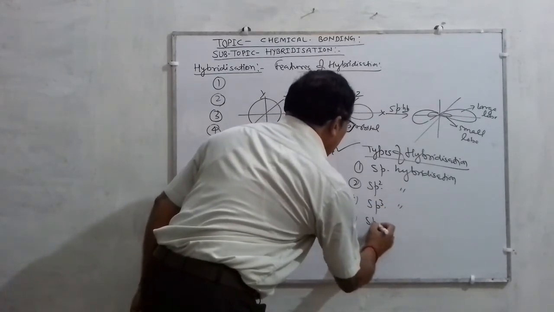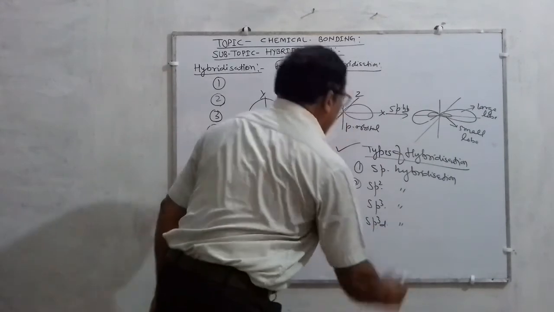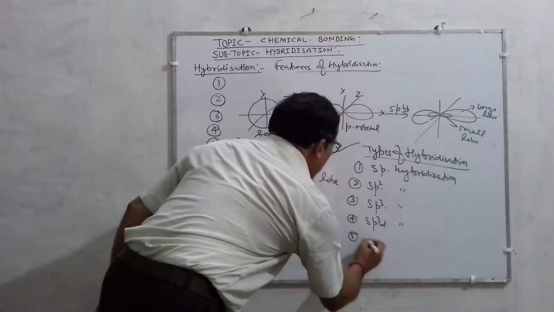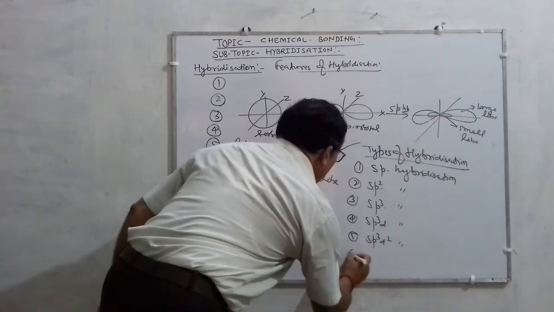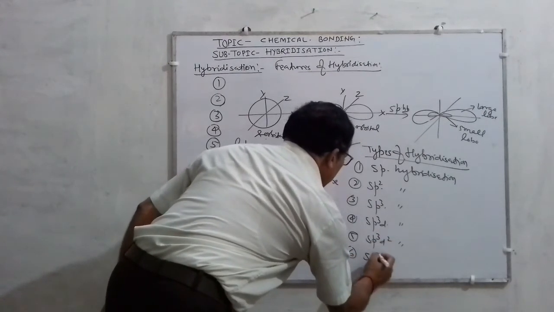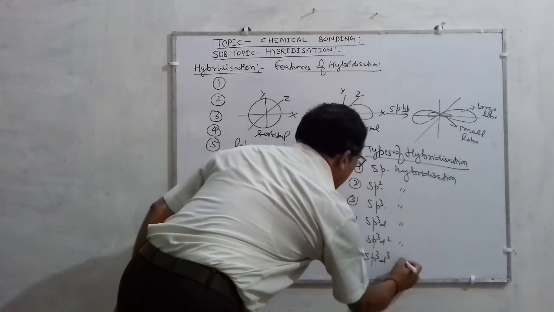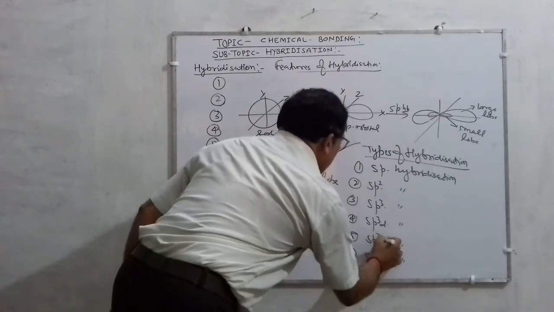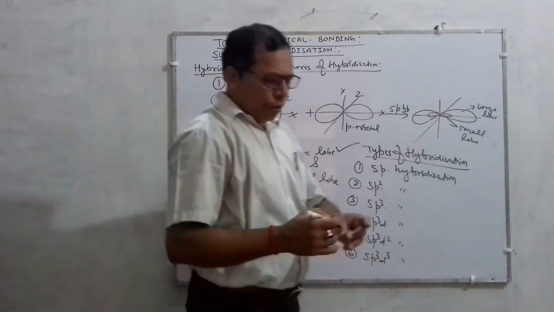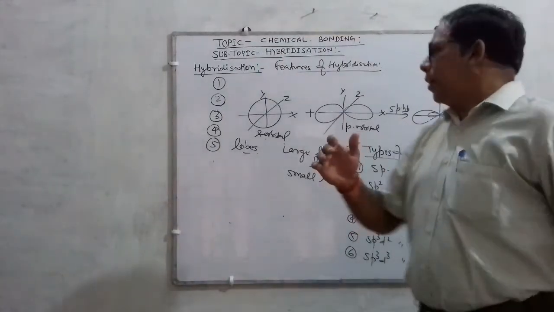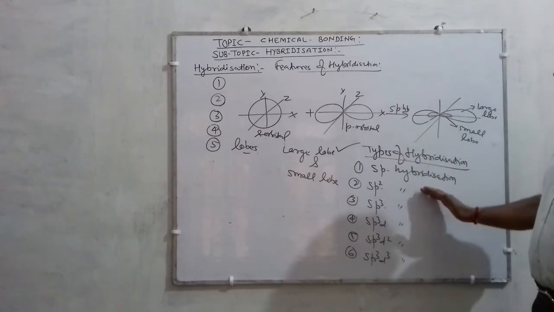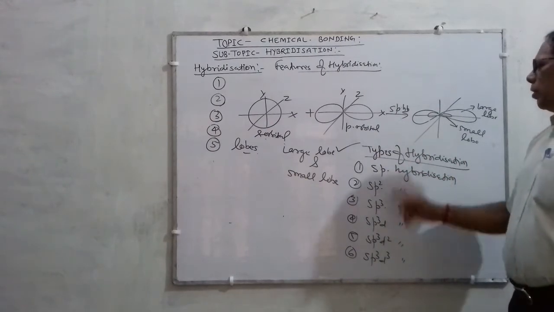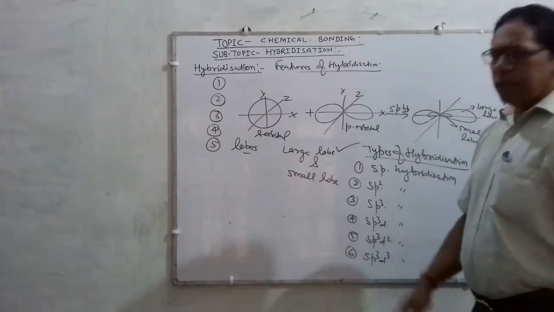Fourth is called sp3d hybridization. Fifth is called sp3d2 hybridization, and last is called sp3d3 hybridization. So these are the types of hybridization which we have to study in detail. In the next lecture I will explain in detail sp, sp2 and the others.